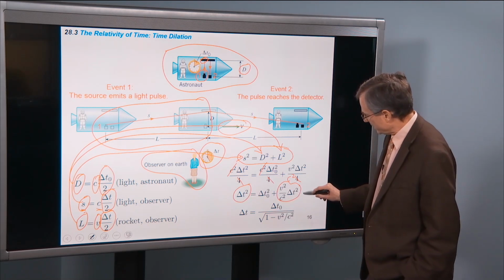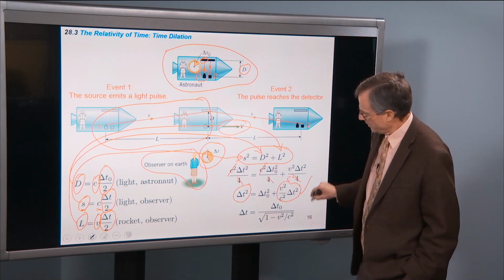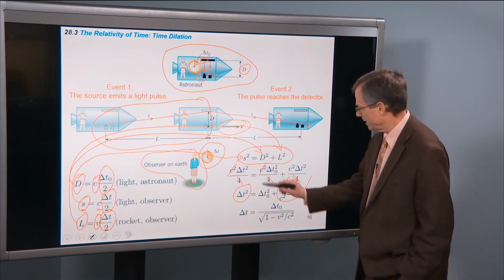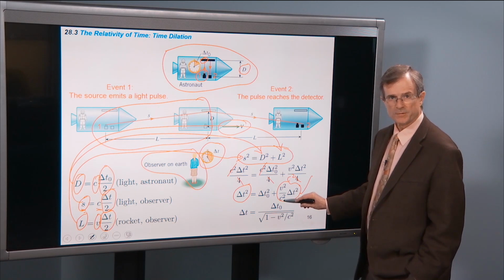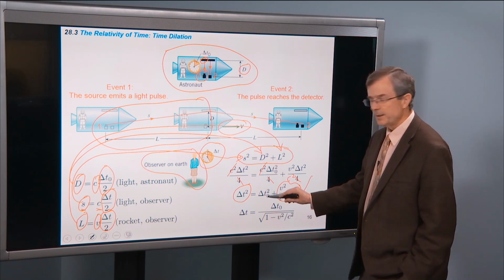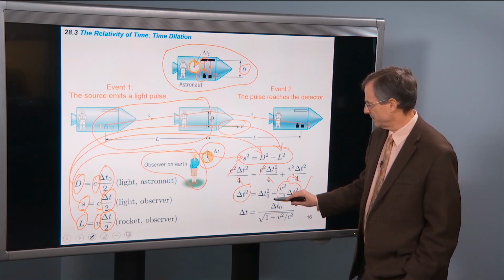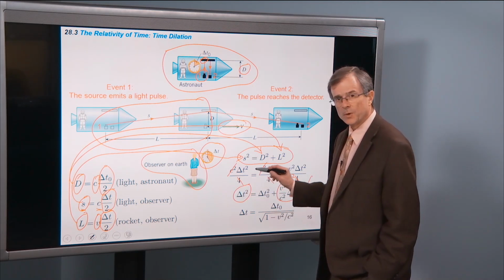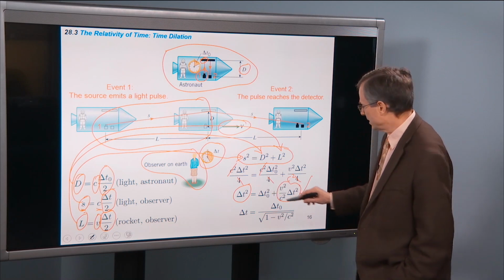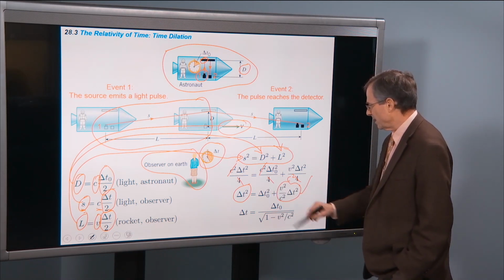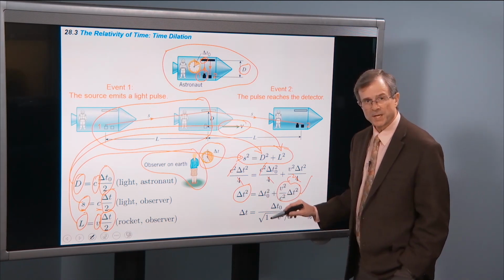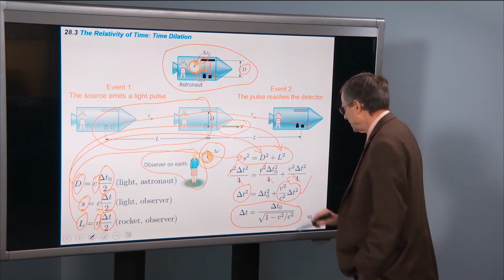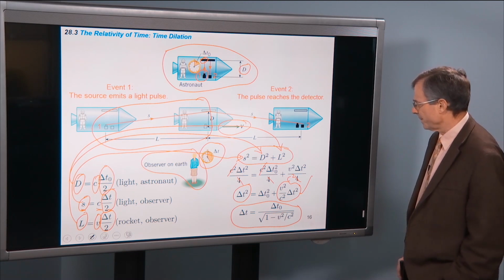So if we subtract this term from both sides of the equation, we'll get delta t squared times 1 minus v squared over c squared, and that'll equal delta t naught squared. Take the square root of both sides, we'll get delta t times the square root of 1 minus v squared over c squared equals delta t naught, and then divide both sides by the square root of 1 minus v squared over c squared.